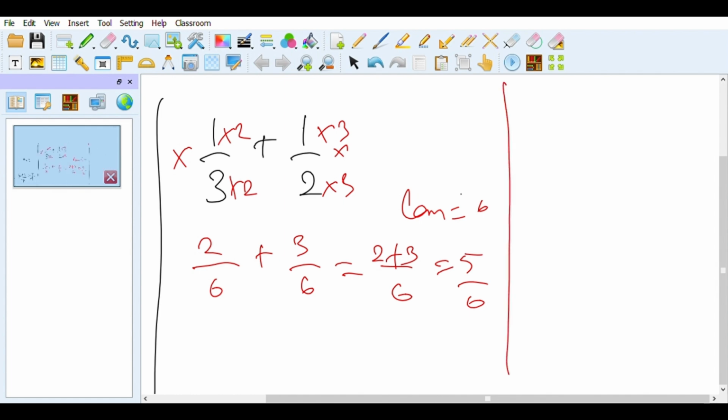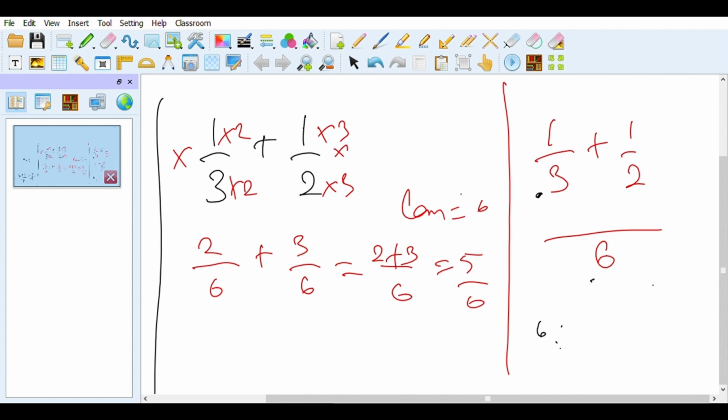But like I said, this idea of equivalent fractions has been, I would say, compressed into a few steps. So what many people know how to do is this: 1 over 3 plus 1 over 2. Since we know that our LCM is equal to 6, what we now do is use the first denominator and divide the LCM by it.